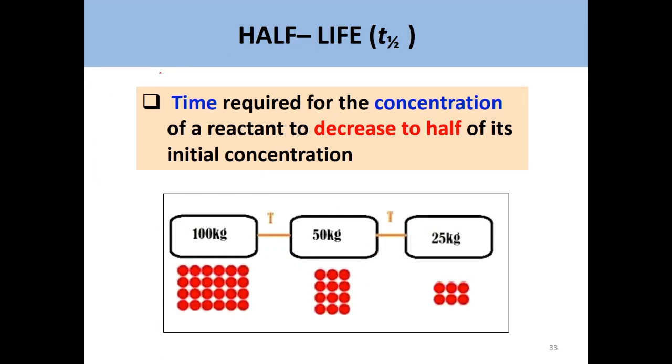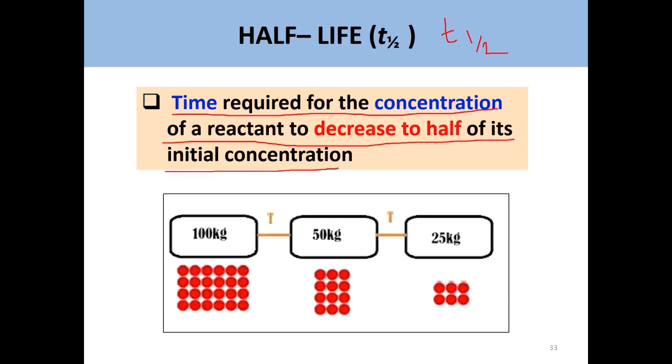Okay, next we proceed to half-life. Half-life, we can write as T half. So what is the half-life? Half-life is the time required for the concentration of a reactant to decrease to half of its initial concentration. For example, consider this figure.